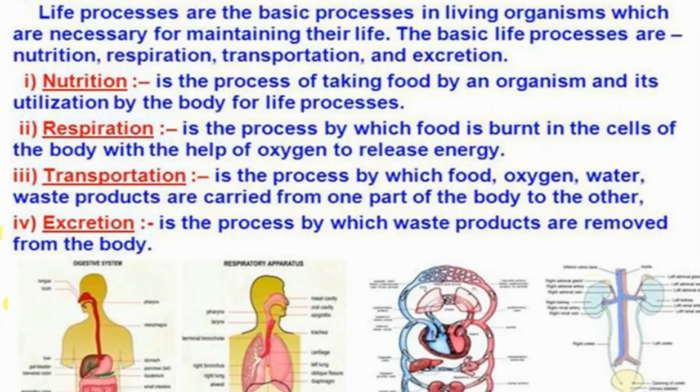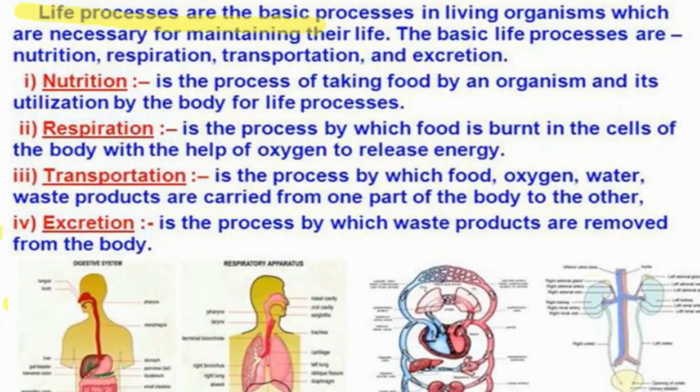Now what kind of maintenance? What are the maintenance processes for a living being? The maintenance functions of a living organism must go on, even when we are just sitting in the class or we are just asleep. The maintenance job has to go on.